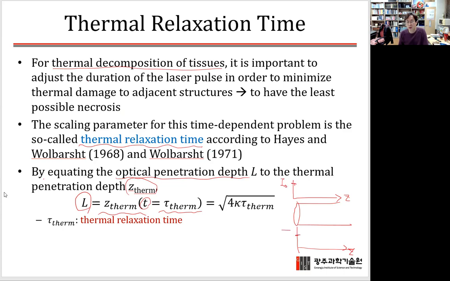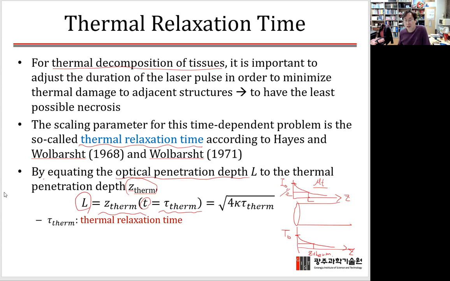The other one is looking at the temperature profile along Z. So when you're looking at the optical penetration depth, I0 is going down within the tissue, following the attenuation coefficient, and 1 over E corresponds to this L. And the temperature will also be going down, and the 1 over E point will be the Z term.